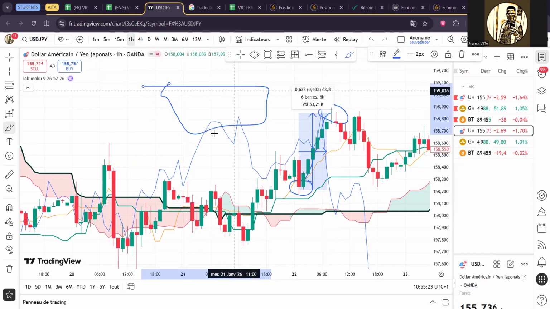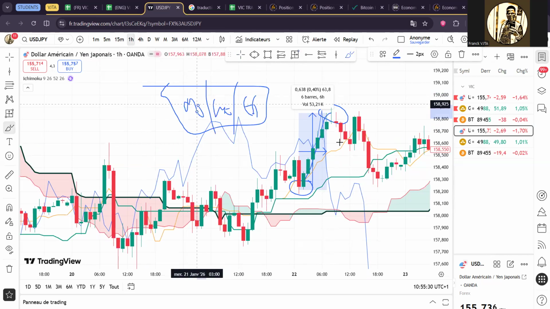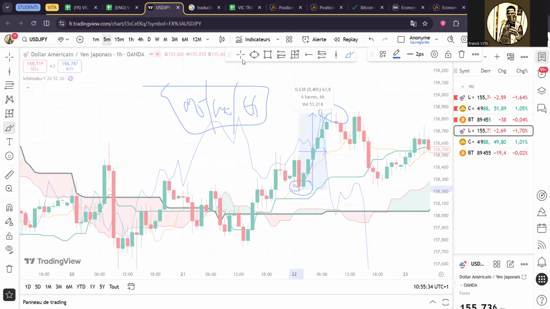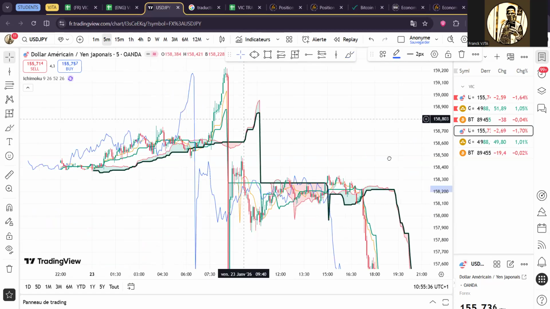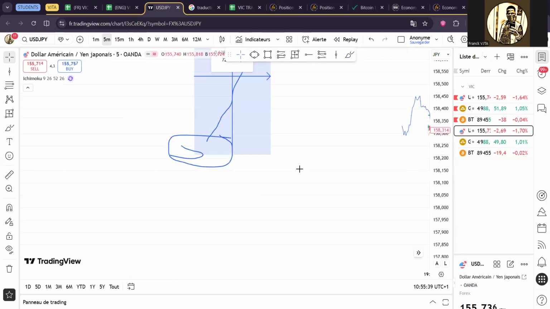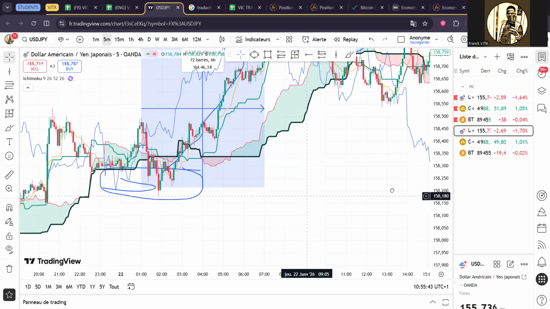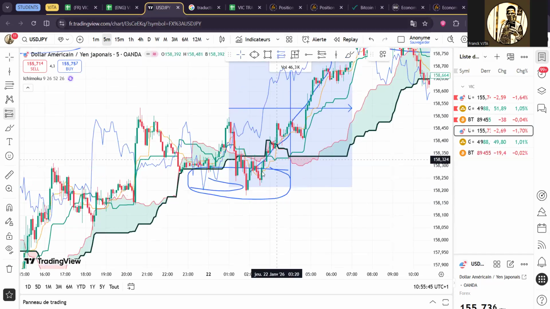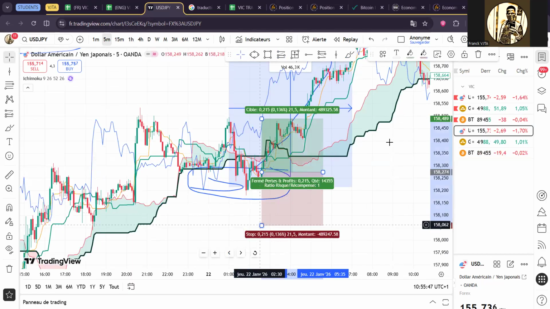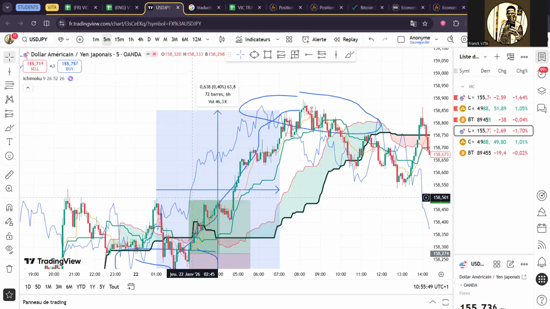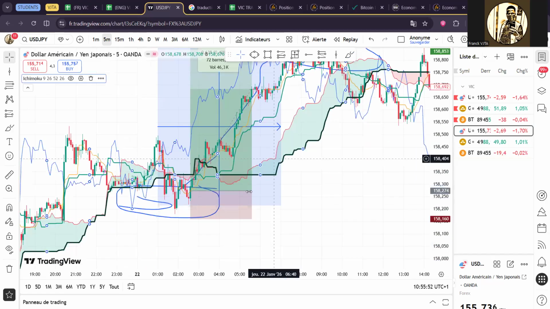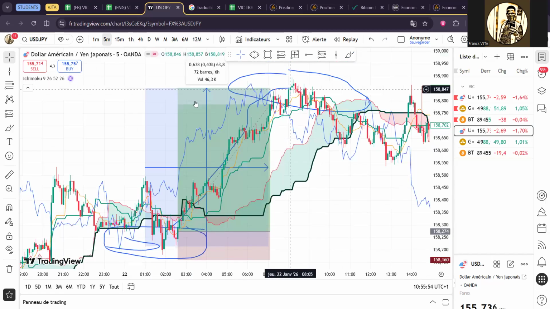So you had H1, M15, and M5. When you have a setup here, you go on M5, doing the time frame skipping by 2 method. You find a Tenkan inverted Tenkan here to buy at this level. And then 6 hours later, you have a take profit.